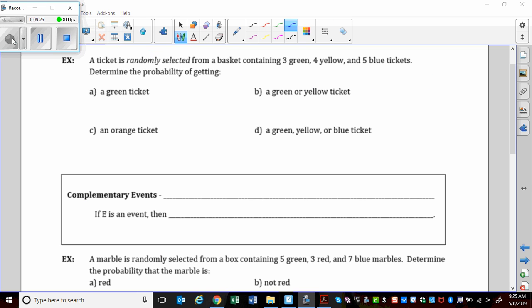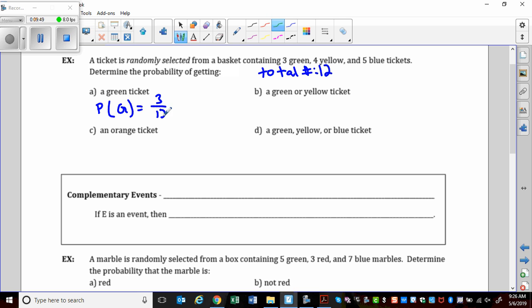So this one says a ticket is randomly selected from a basket containing 3 green, 4 yellow, and 5 blue tickets. So we got to add these up. I think the total is 12. What is the probability of getting a green ticket? So the probability of a green is 3 over 12.